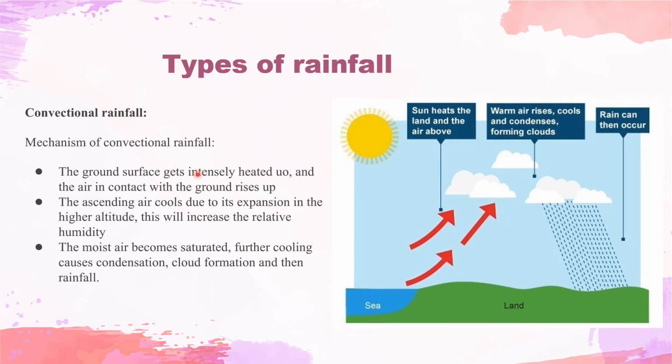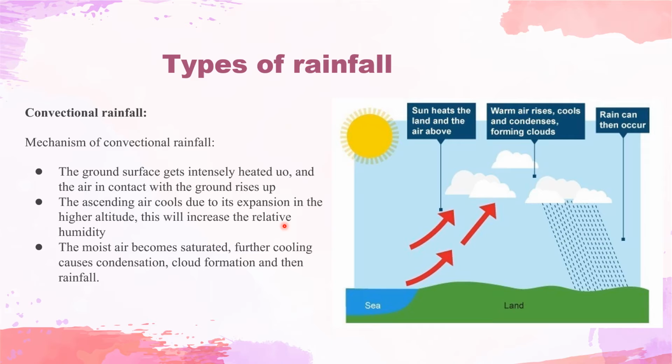The ground surface gets intensely heated up and the air in contact with the ground rises up. The ascending air cools due to its expansion in the higher altitudes. This will increase the relative humidity. You know, relative humidity is how much it is holding now compared to how much can be held.